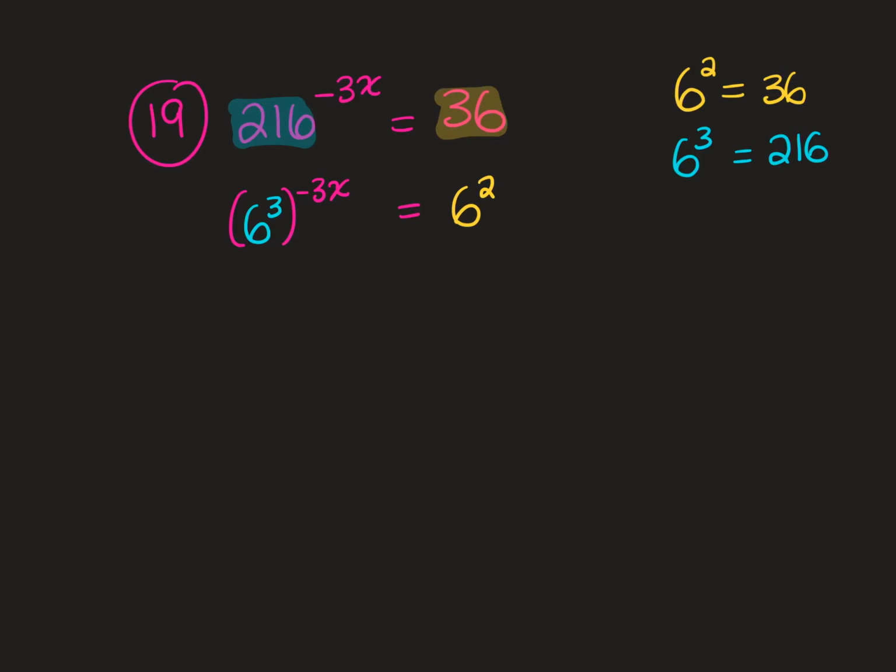When you have a power being raised to another power, do you remember which mathematical operation you use? Does anybody remember that? You can just type it in the chat if you remember. When you have a power raised to a power, what do you do with those two numbers?